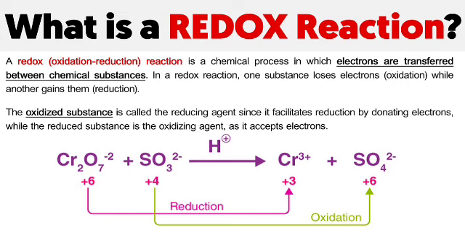Now, that is called reduction, because we know that gain of electrons is reduction. So in the equation, Pb2+ gained how many electrons? 2 electrons, because it has 2 positive charges, to become neutral lead.